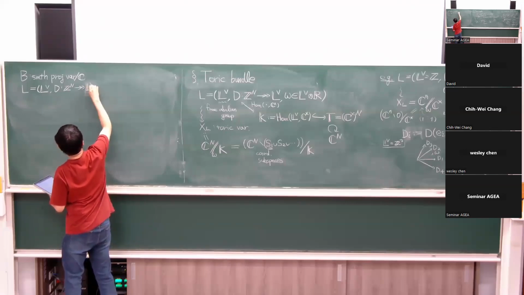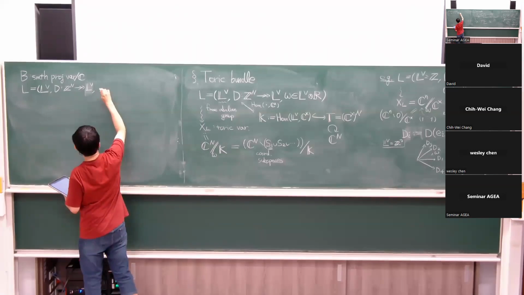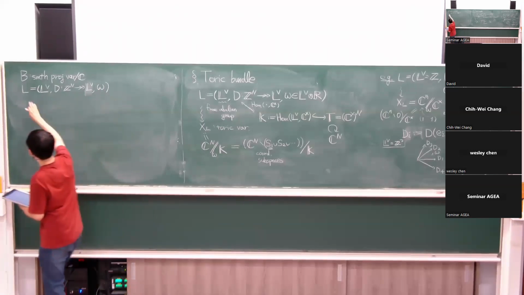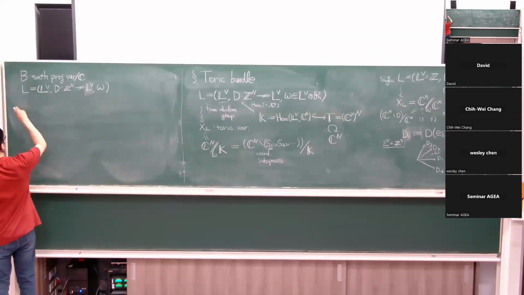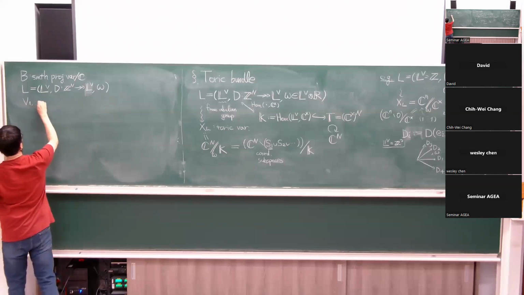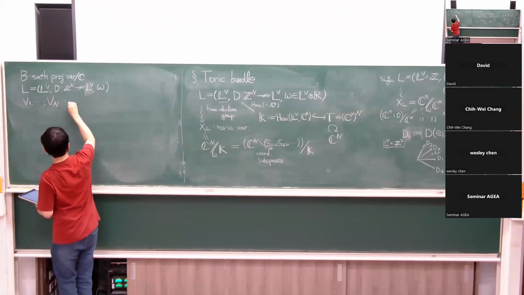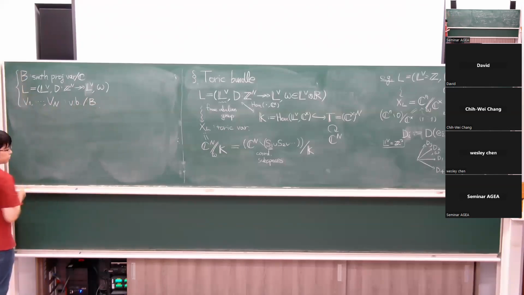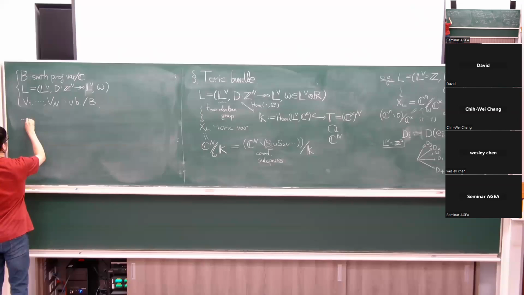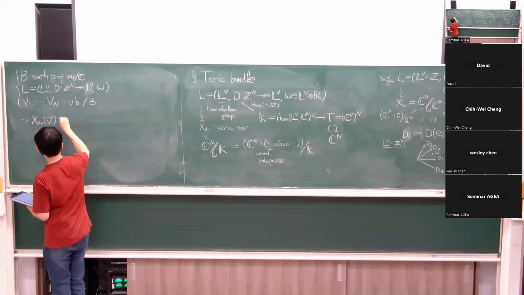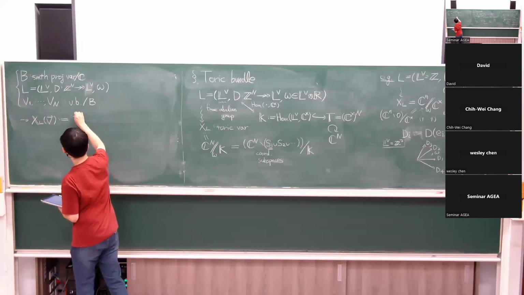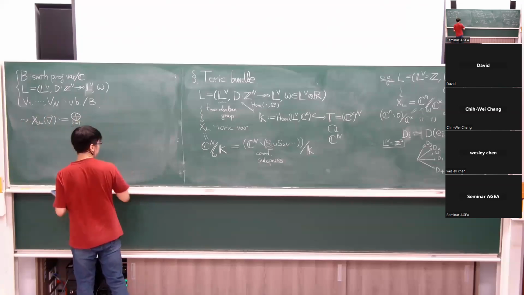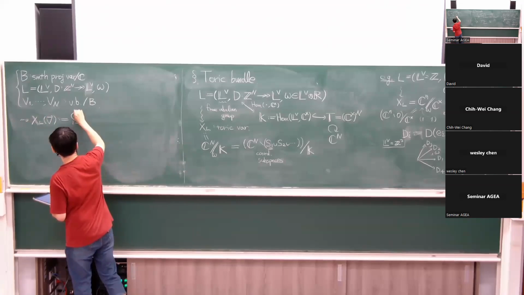Let B be a smooth projective variety, and let L be a triple giving a toric variety, and let E_1, ..., E_n be vector bundles over B. Then we can naturally obtain a toric bundle by imitating this quotient.